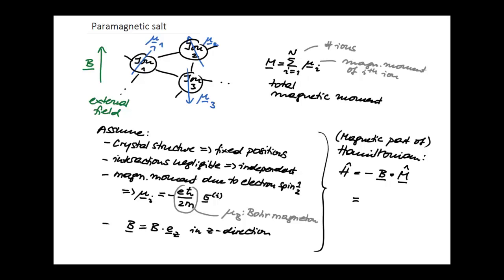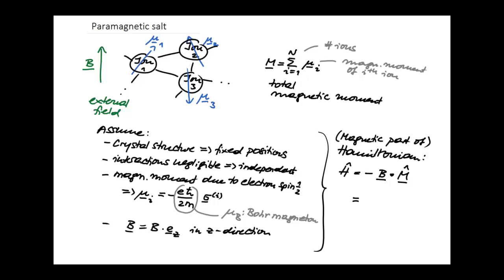And for the elementary magnetic moments, we have this formula below. This is proportional to the Pauli matrix. And also the magnetic field is pointing in the z direction, so we have only the Pauli z matrix appearing here.